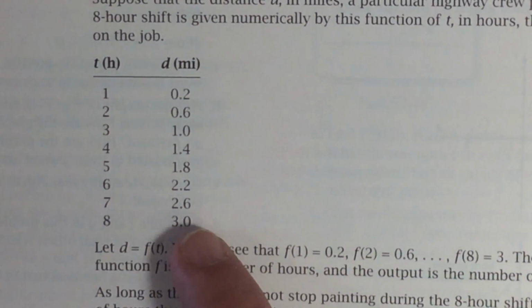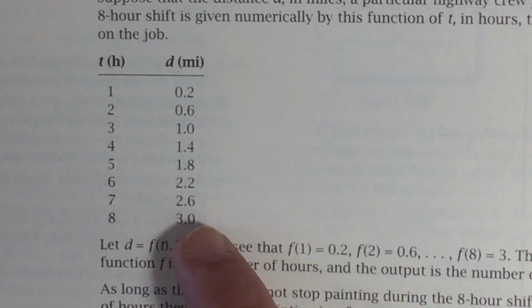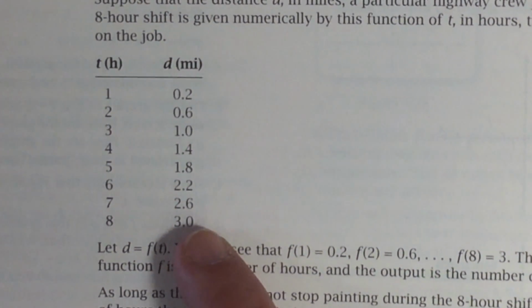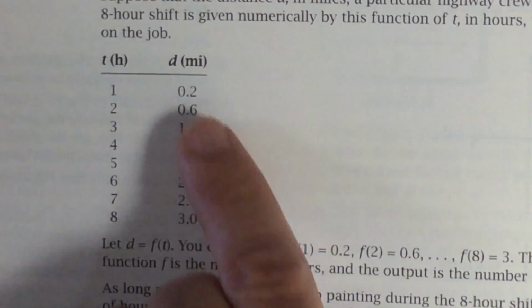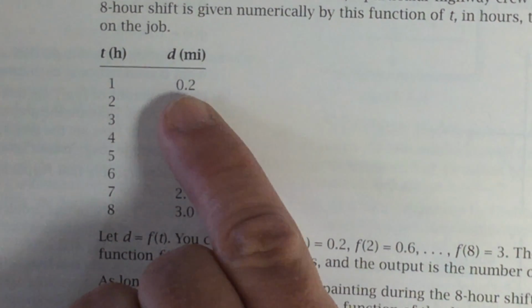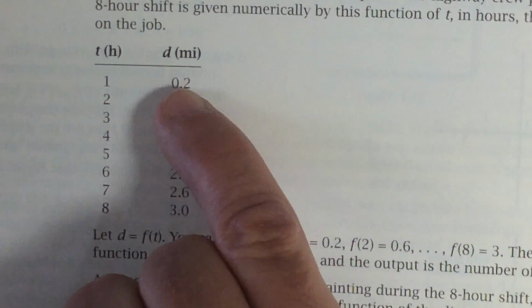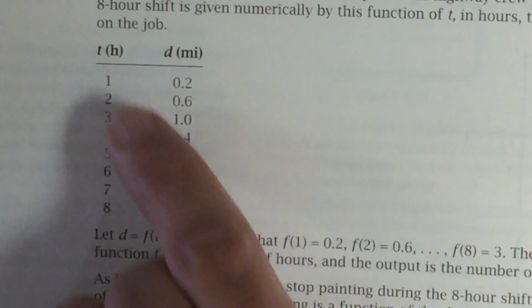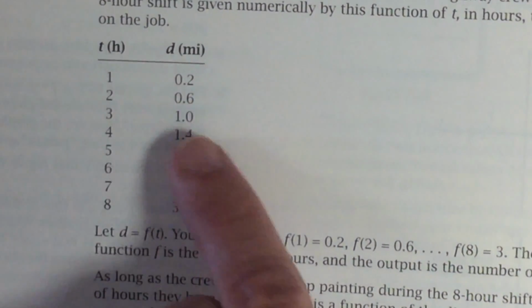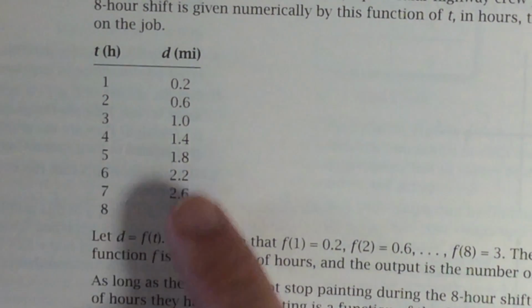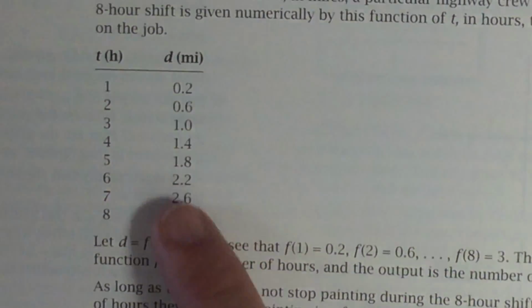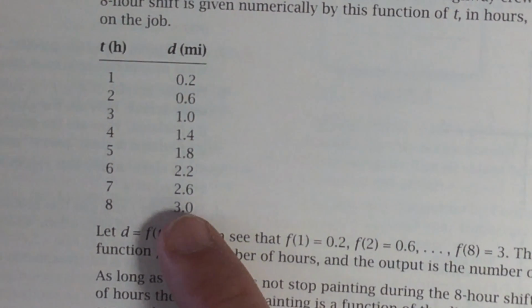If I want the inverse relation, all I have to do is turn the chart around. The inverse of this relation of 0.2 is 1, and of 0.6 is 2, and of 1 is 3. And as it turns out, there are no values here that appear twice.